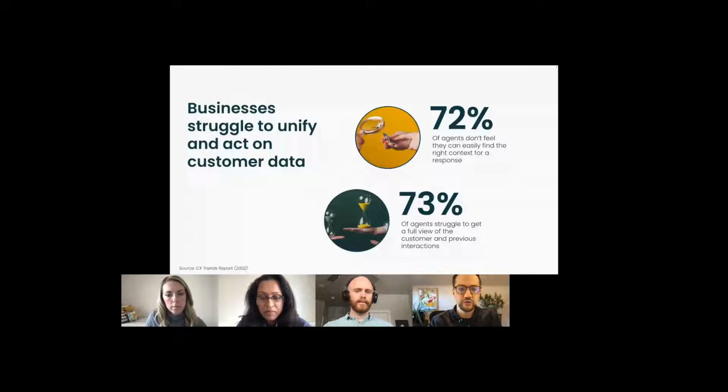They're switching between tools, and they're having to ask customers to repeat themselves about information they should probably already have. Maybe it's in a tool and they just can't access it quickly enough. All of this makes it harder for agents to do their job, and it really hurts the customer experience. That's why CX leaders are so focused on trying to create and then act on this unified view.